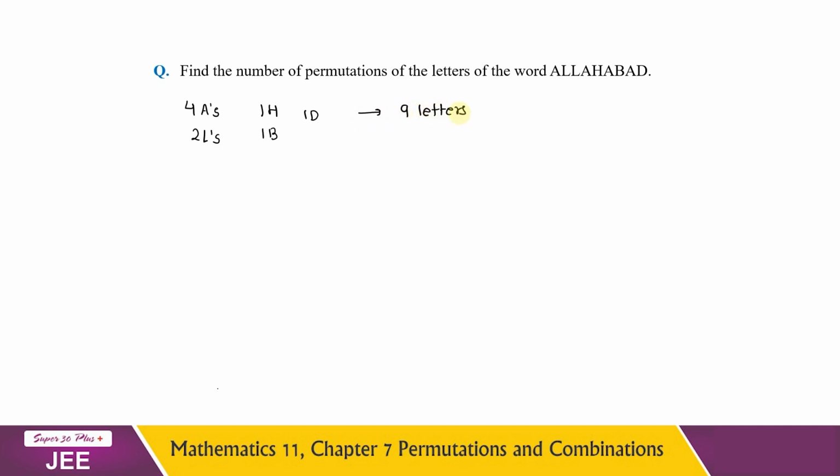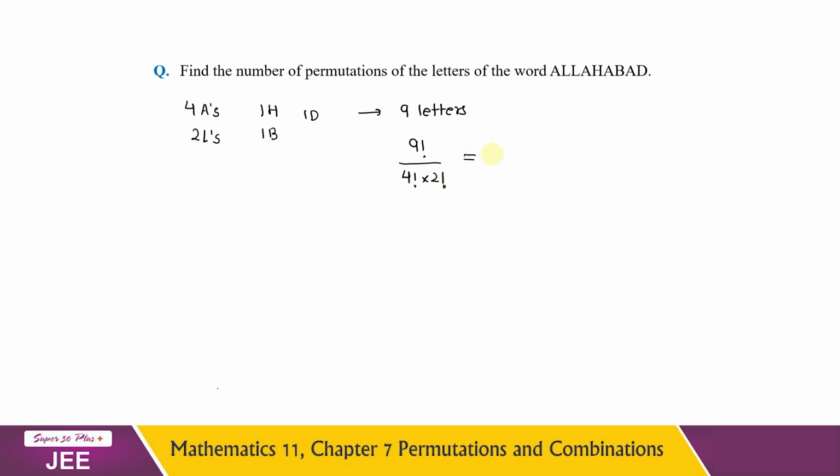These 9 letters can be arranged in how many ways? They can be arranged in 9 factorial divided by 4 factorial multiplied by 2 factorial. Why? Because these 4 A's are of similar kind and these 2 L's are of similar kind. They are repeating, so that is why we have divided by 4 factorial and 2 factorial.